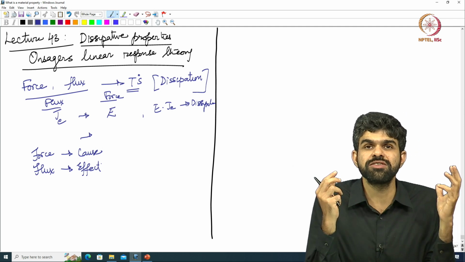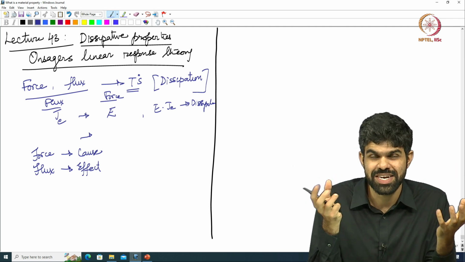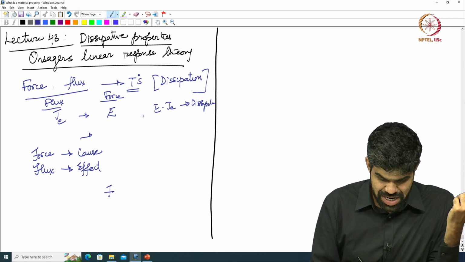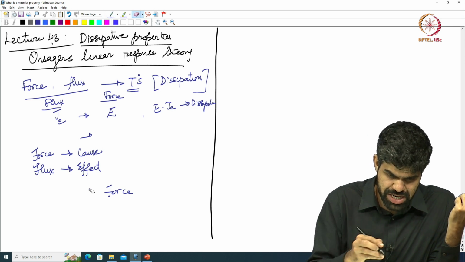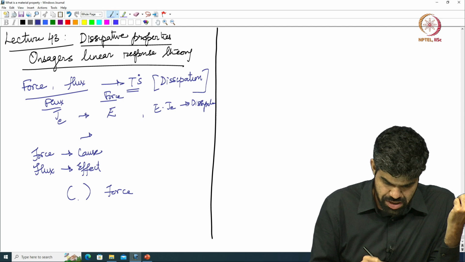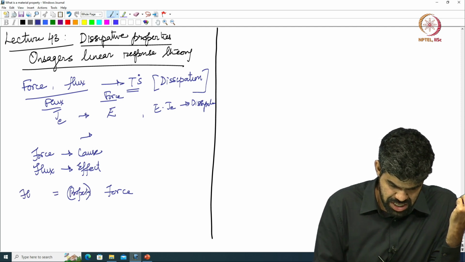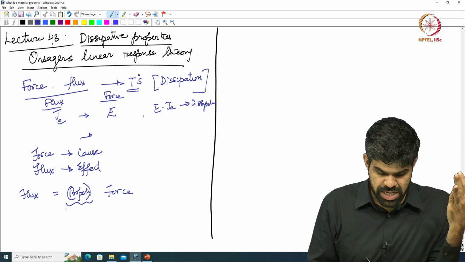If force is the cause and flux is the effect, there is a property that relates the cause and effect, right, and this is the dissipative property. So something that relates force times property, or for now let us just write it as multiplication. We will see later, so force times property is flux, right. So this property is a dissipative property.